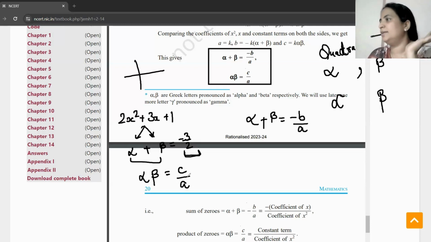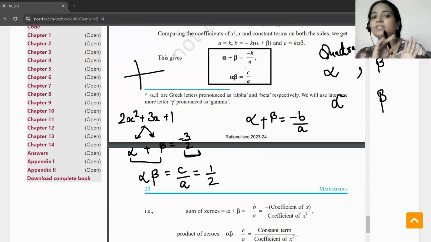So no negative sign here. In this case, it will be 1/2. Let me tell you one thing. The most common confusion is that -3/2 and 1/2 are the zeros. These are not the zeros. These are the sum of two zeros and the product of two zeros.